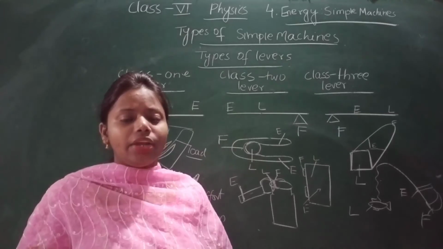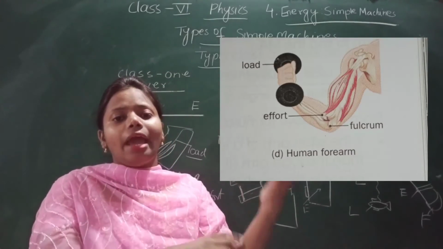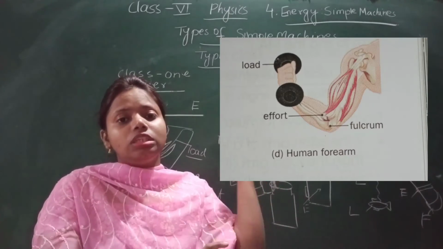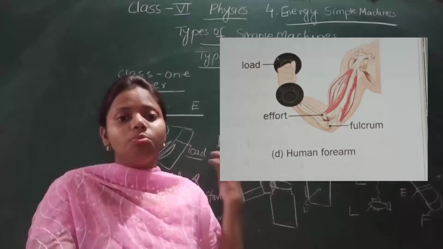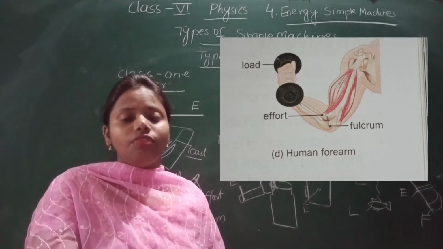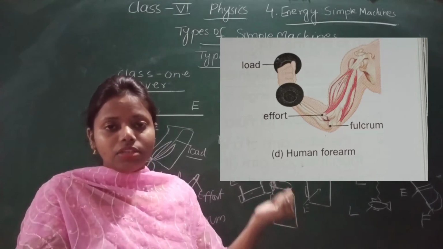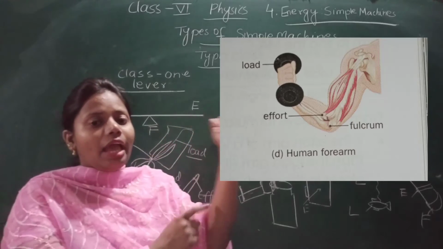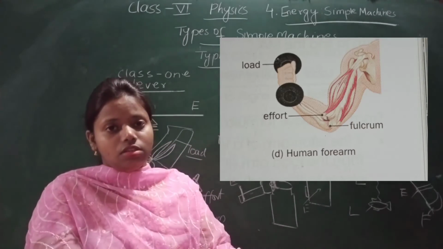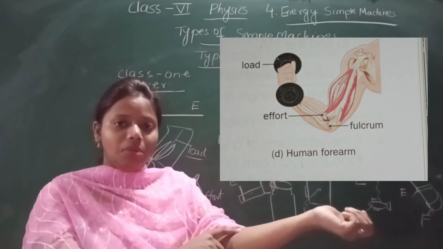Even a cricket bat and a broom, these are examples of class 3 lever. Even the human arm acts as a lever. This is also a simple machine. Our arm, the human arm, also acts as a simple machine that comes in the category of class 3 lever. So how it is so is that our elbow acts as a fulcrum, the fixed point. And our upper arm muscle is here somewhere, so it is in the middle.